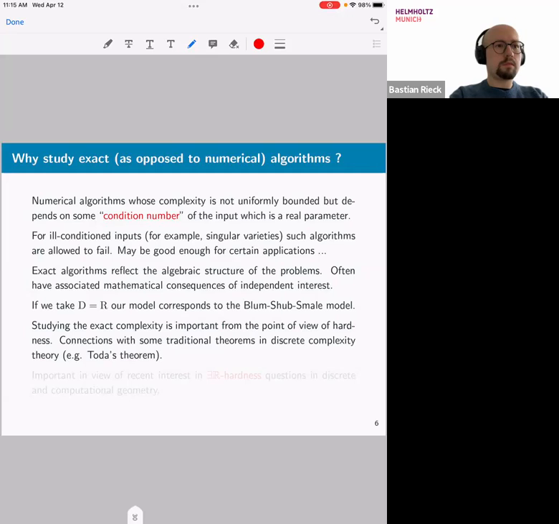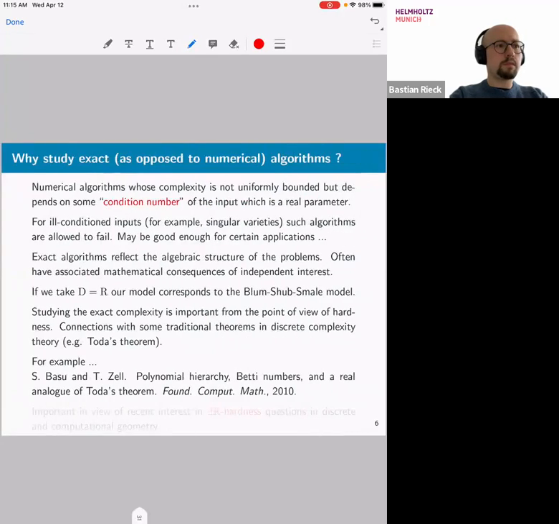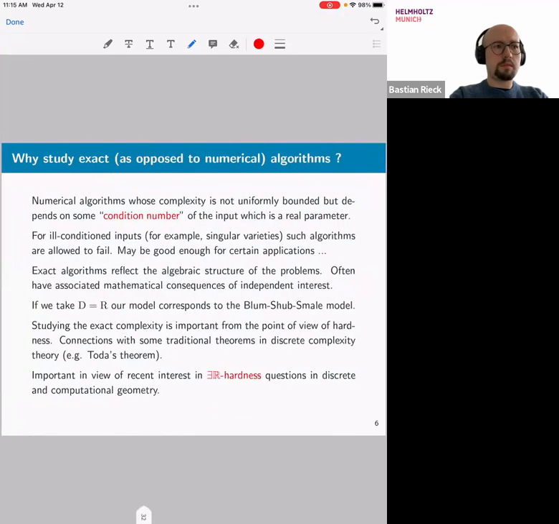And also it's important in view of some recent work on something called existential R hardness questions in discrete and computational geometry. These should be thought of as the version of NP hardness extended to reals that seems to be relevant in this community of discrete and computational geometry. So anyway, this is just some motivation for talking about exact algebraic symbolic algorithms.